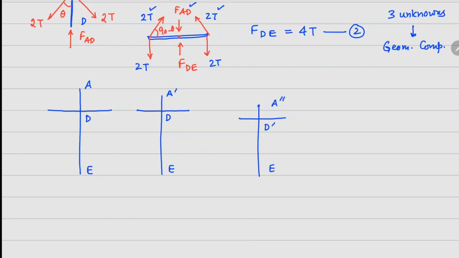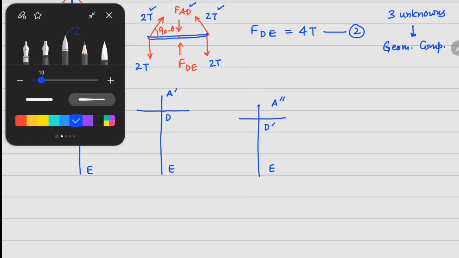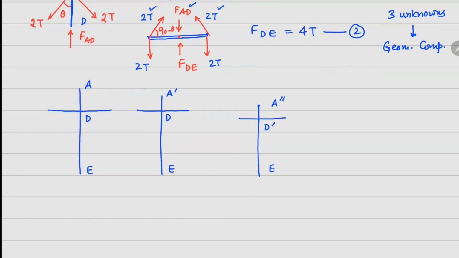So this is where we reach finally. So now if you mark these deformations here, this deformation right here is your delta AD, and this deformation that we notice here is your delta DE.